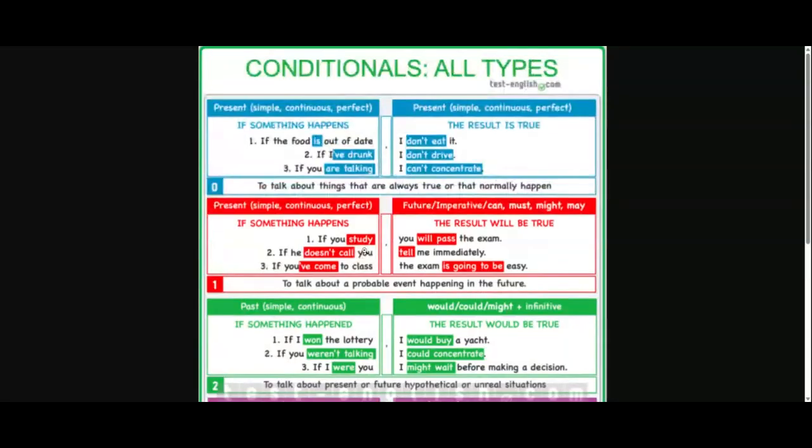Probably not to learn all the conditional types or the conditional sentences at this level, but just to be aware that we have more conditional sentences. Because after B1 level and after B2 level, the ideal situation is that you master all the conditional sentences. Okay? At the end of a B2 level course, you need to master all the conditionals and the modals.